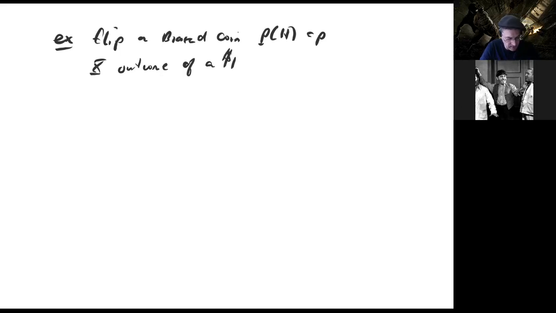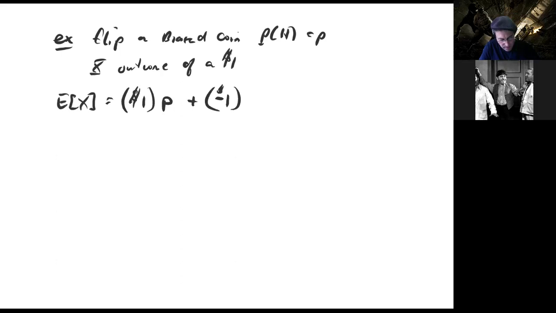So what's the expected value of x? Well, if I win, I get $1, and I win with probability p. And if I lose, I lose $1, with probability 1 minus p, because I'm betting on heads. So what do you get?